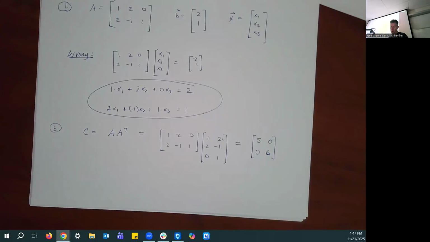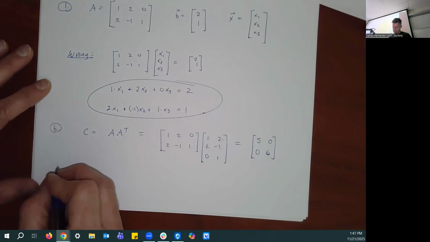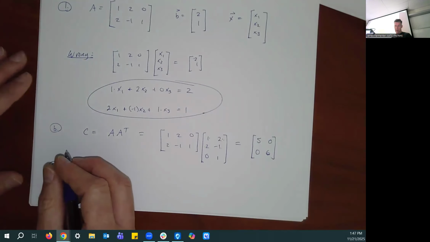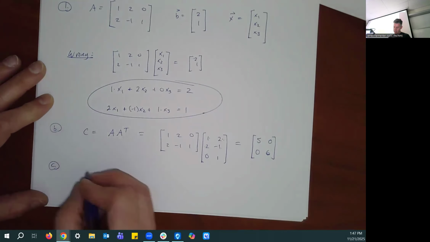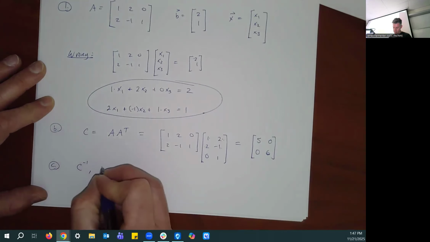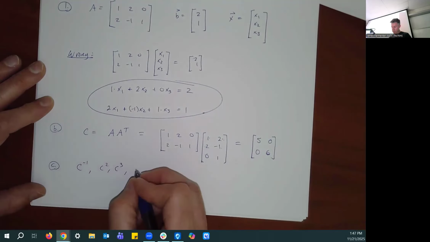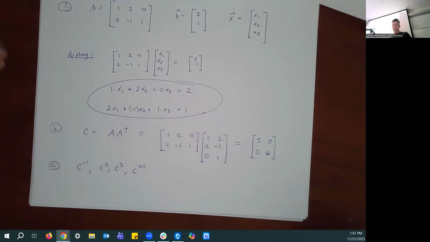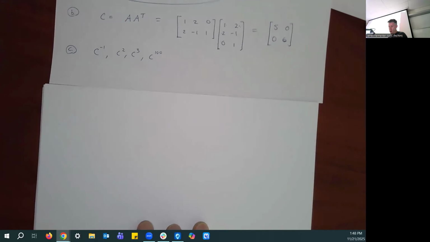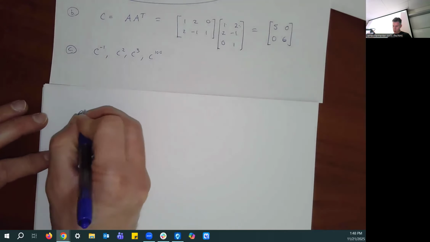Okay. And then question C asks us to find 4 things. One of them was a typo. So they ask us to find C inverse, C squared, C cubed, and that's supposed to say C to the 100th power. I forgot some braces on that one. Okay, so C inverse should be the usual deal.